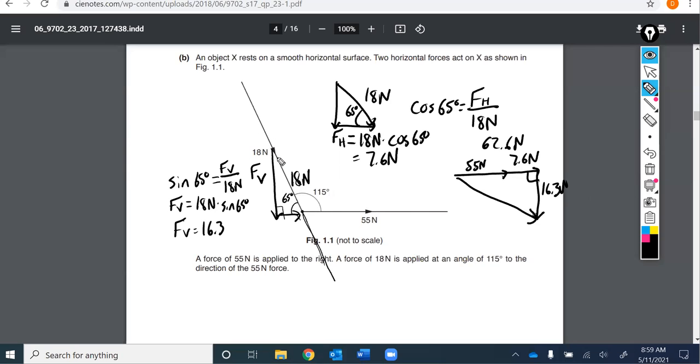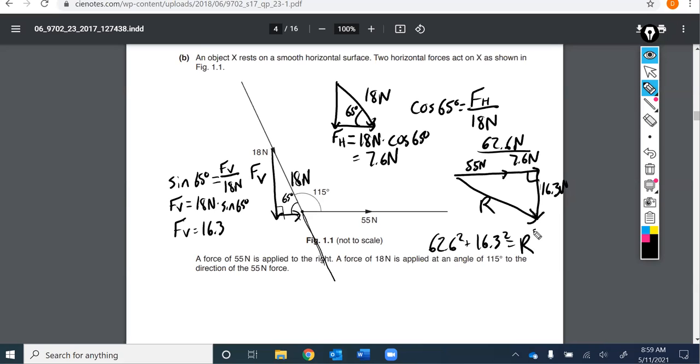We resolve the vector that isn't perfectly aligned with the x and y axes to figure out how much of it is aligned sort of in each dimension. And so now we've got 62.6 squared plus 16.3 squared, a squared, right? That length plus b squared, that length equals, we'll call it r for the result.